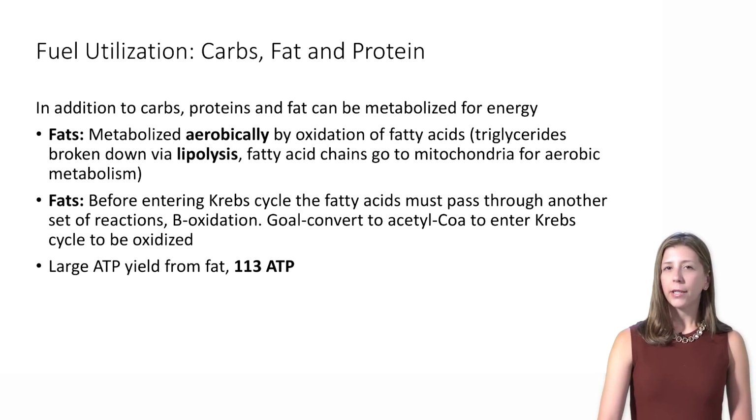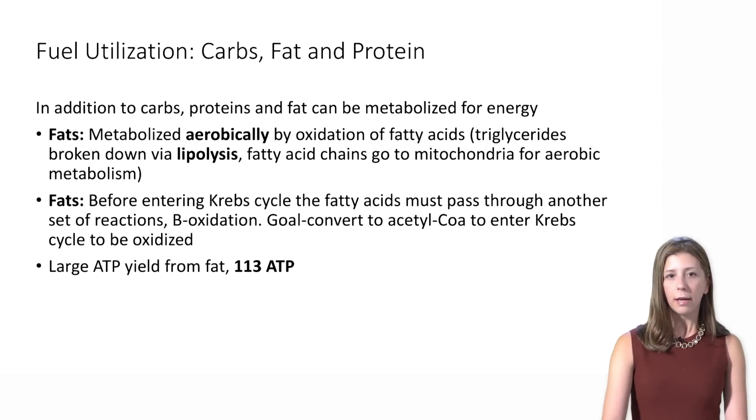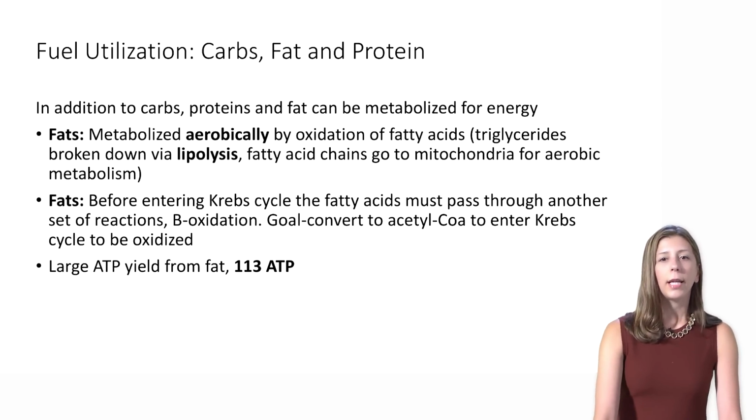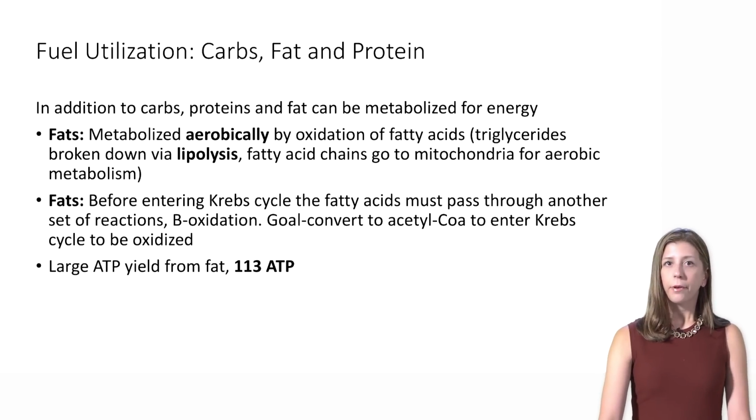Before we enter this stage of metabolism, you have to enter the Krebs cycle. In order to do that, you have to form a metabolic intermediate. So the goal is that we need to get these fatty acids to pass through another set of reactions known as beta oxidation. And the goal is really to form this metabolic intermediate known as acetyl-CoA, because that can actually enter the Krebs cycle, and then it can be oxidized, and then we get ATP.